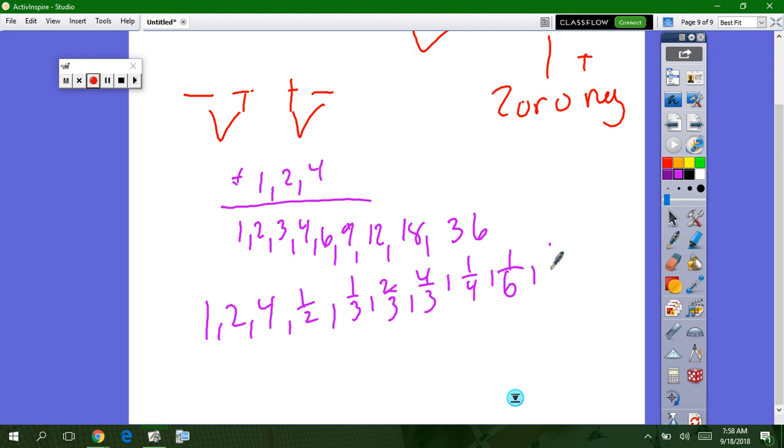1 divided by 9, 2 divided by 9, 4 divided by 9. Keep going.